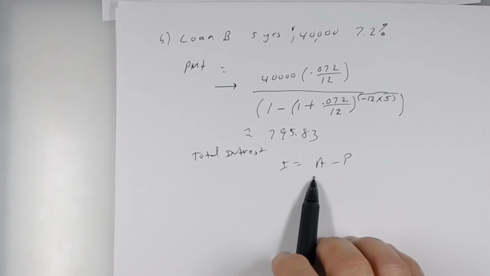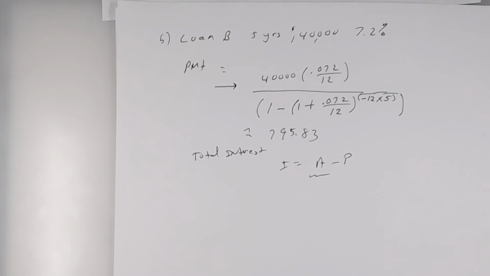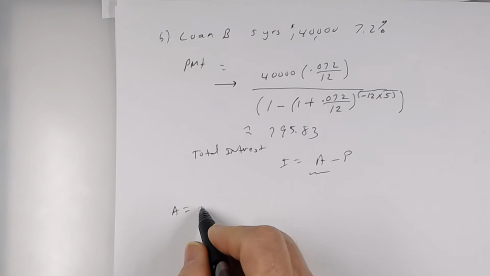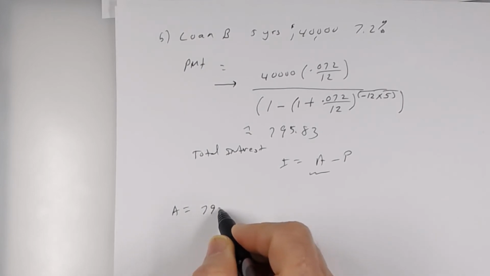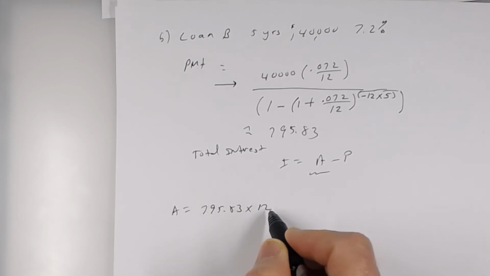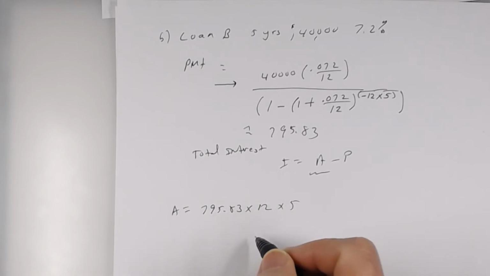How do I find A? How do I find how much I ended up paying for this $40,000 loan? Multiply the monthly payments by 60. Yeah, because 795.83 times 12 for 1 year, and how many years is it? 5? So yeah, times 60.